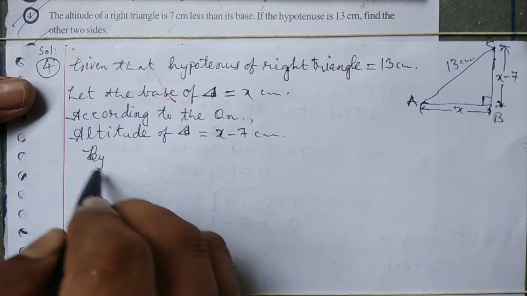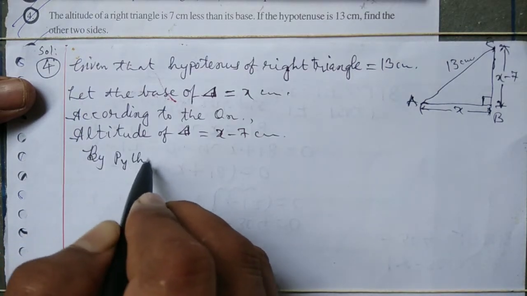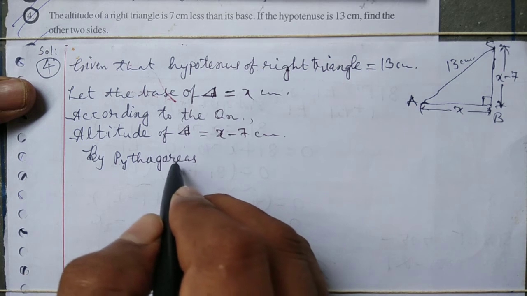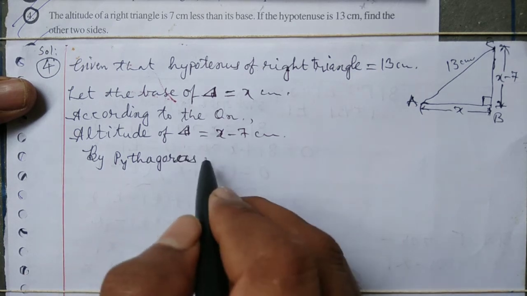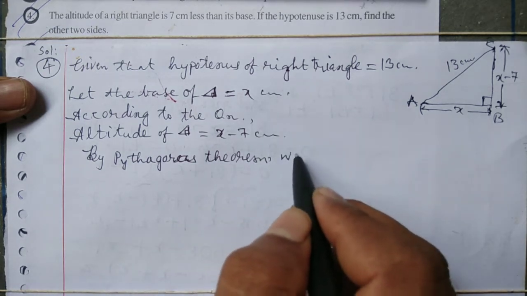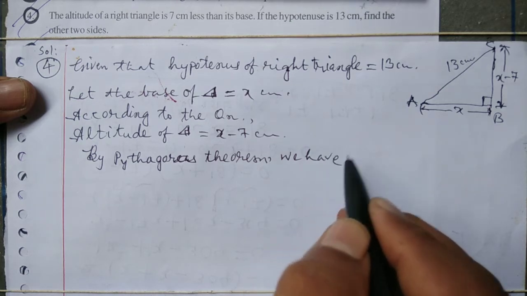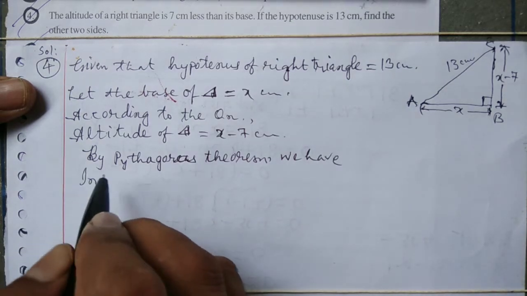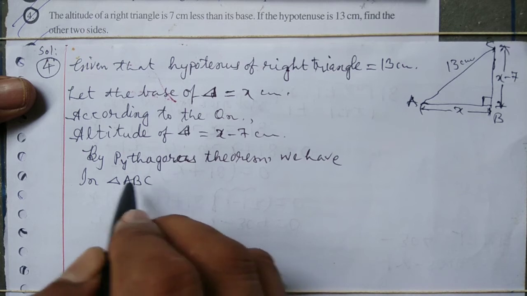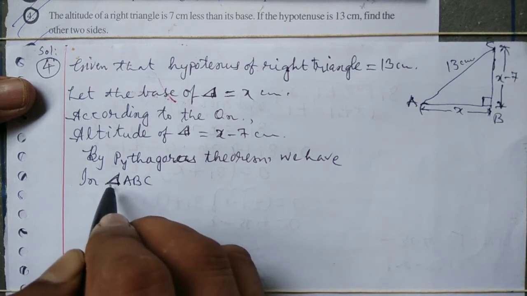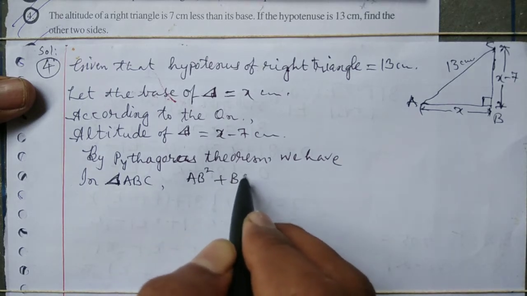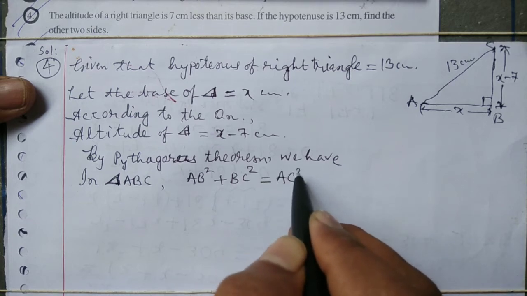By Pythagoras theorem, we have in right triangle ABC, AB square plus BC square is equal to AC square.